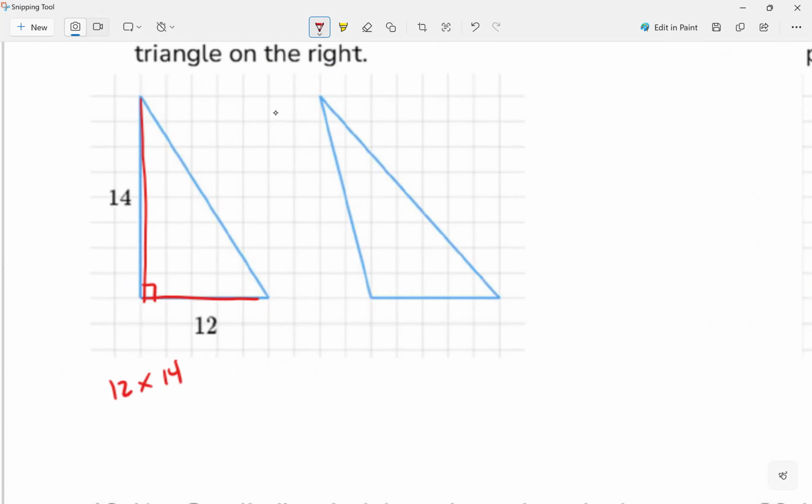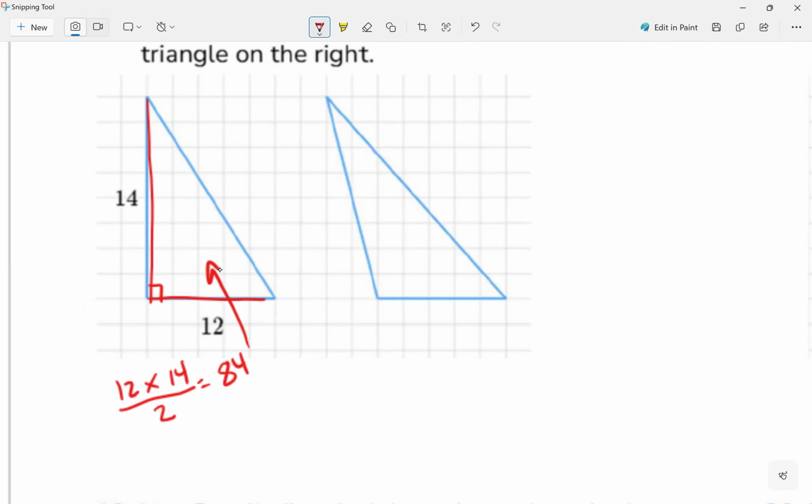I know 12 times 14 will give me the area of a rectangle, but this is a triangle. So I'm going to divide this by 2, because a triangle is half of a rectangle. Now I type it on my calculator. 12 times 14, all of it divided by 2, gives me 84. So this triangle is 84.